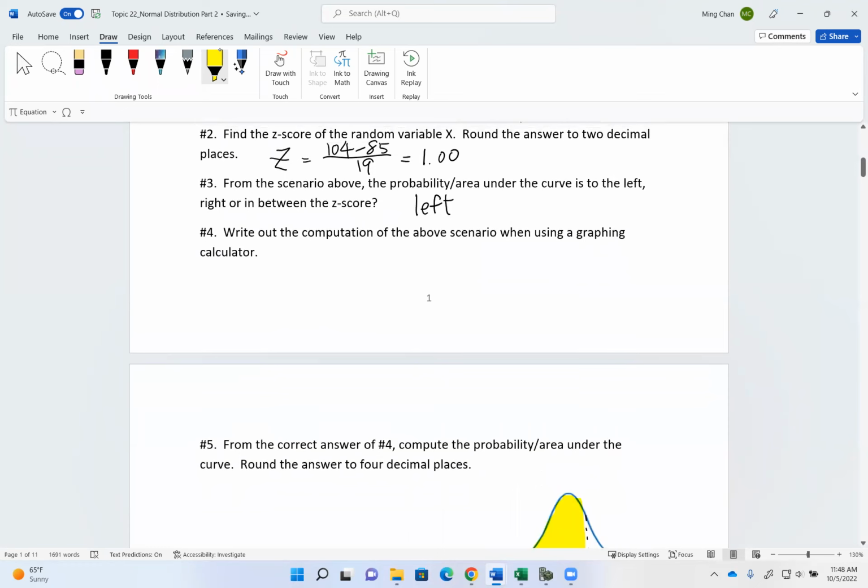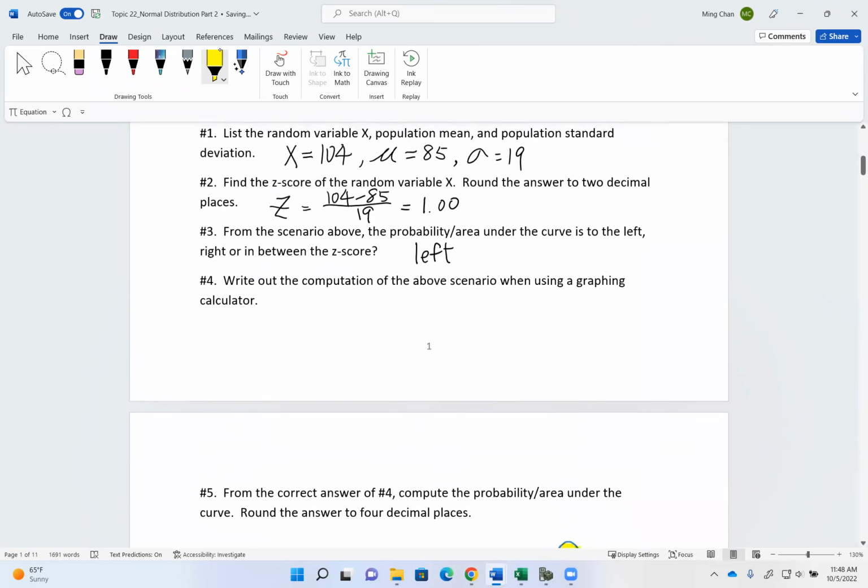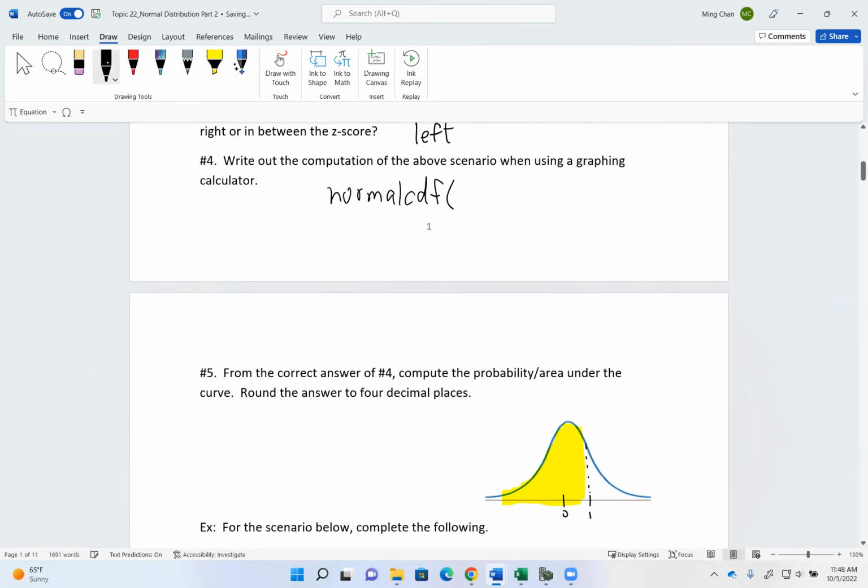Write out the computation for the above scenario using the graphing calculator. I'm looking for the area to the left, so I'll use normal CDF. How far left do I go? I don't have a lower bound, so that's negative 1E99, comma, all the way up to 1, comma 0, comma 1. Let's round to 4 decimal places.